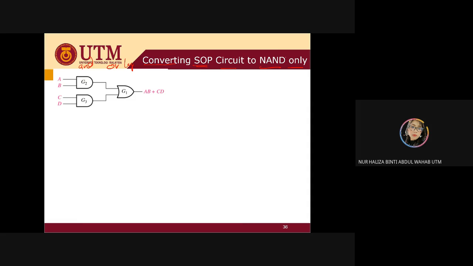If you remember, you have two ways. One way you already learned, which is in terms of representation. Just now you learned if you have an AND gate, you can have a NAND gate representation. This one, AND gate, it will be like this.